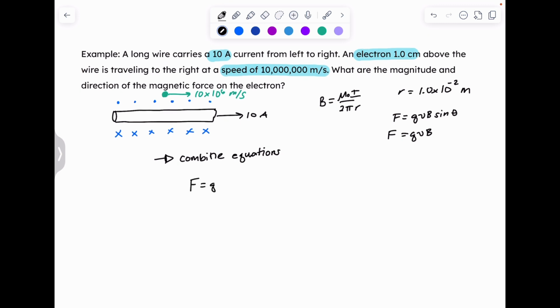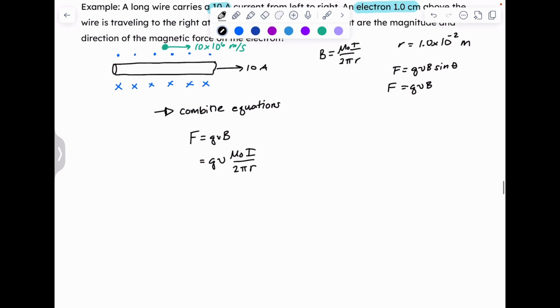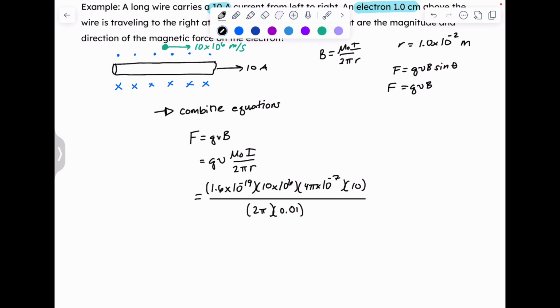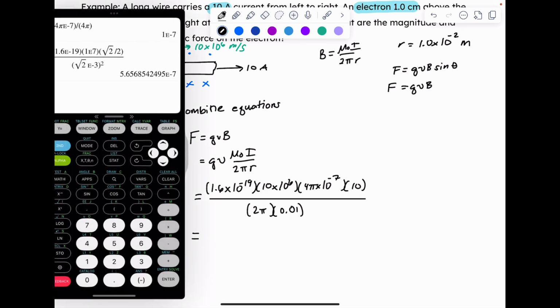So F equals qvB, which is qv mu naught I over 2 pi r. And then when we plug in, we get 1.6 times 10 to the negative 19, times 10 times 10 to the 6th, times 4 pi times 10 to the negative 7 times 10, and then we divide by 2 pi times 0.01. That's 1 times 10 to the negative 2.